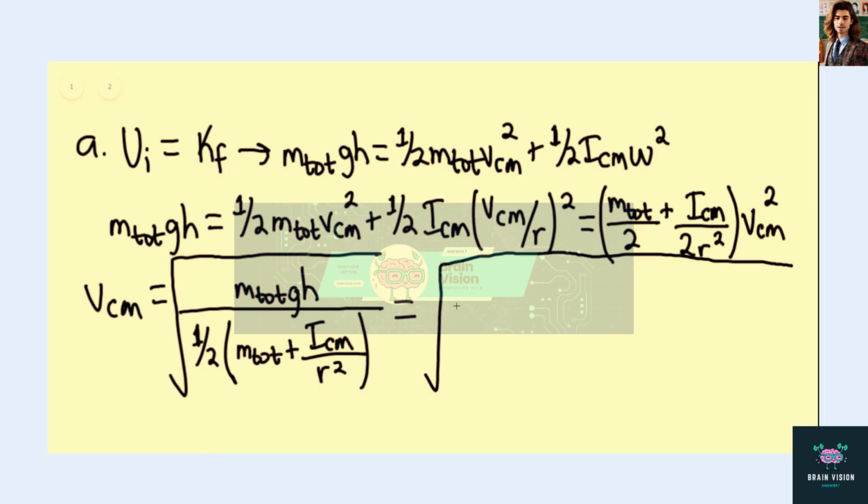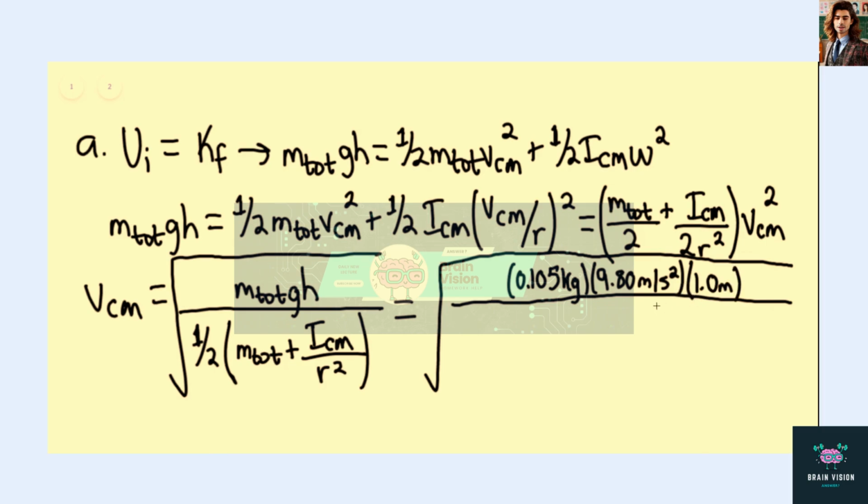So for the numerator, 0.105 kilograms multiplied by 9.80 meters per second squared multiplied by 1.0 meters.